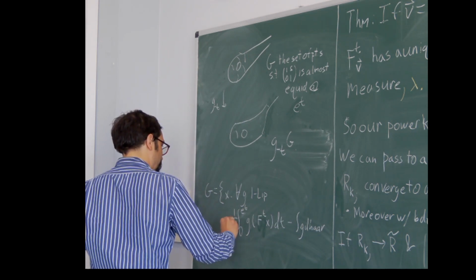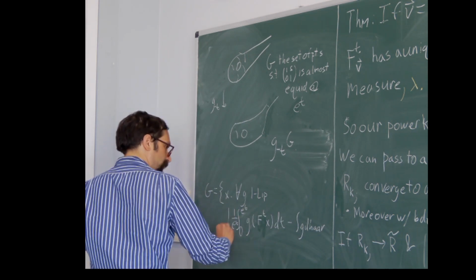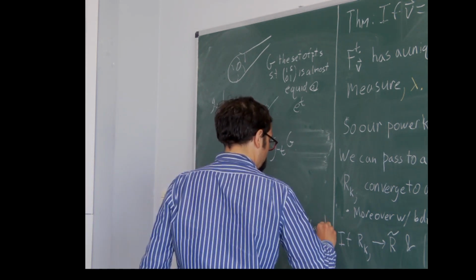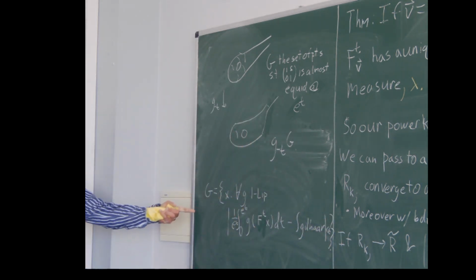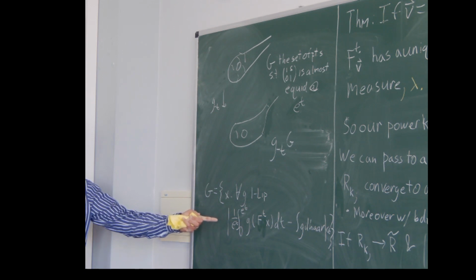I want to divide by e to the t, and I want this to be less than epsilon. Okay, so it turns out that this set goes to full measure as e to the t goes to infinity.